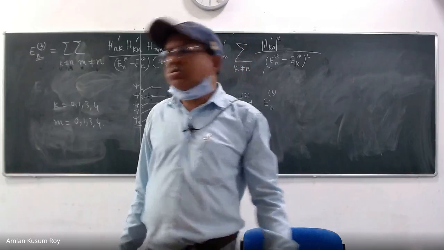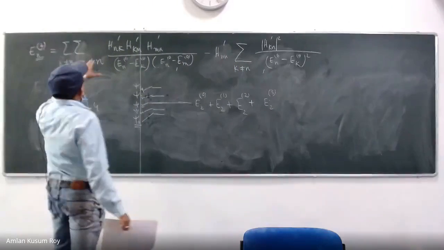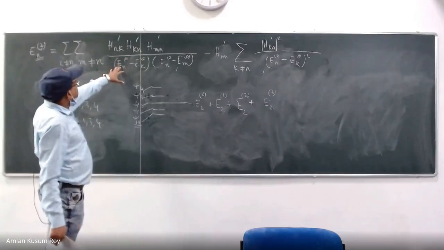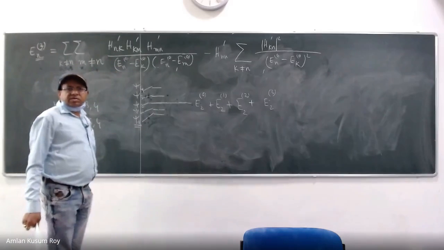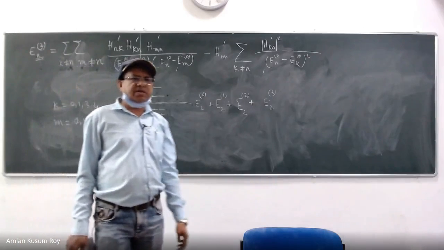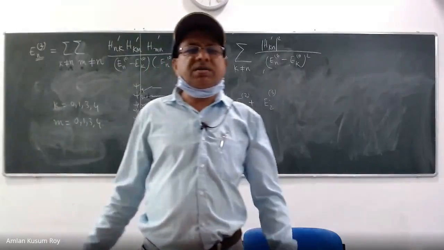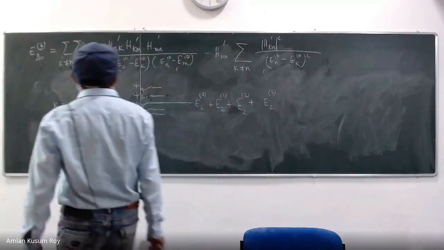So, sir, m's are also signifying the states like the k. Of course, these are all states. What else can it be? There is nothing but the state index. Okay, sir, these are nothing but states, right? Indexes, right? Yes.